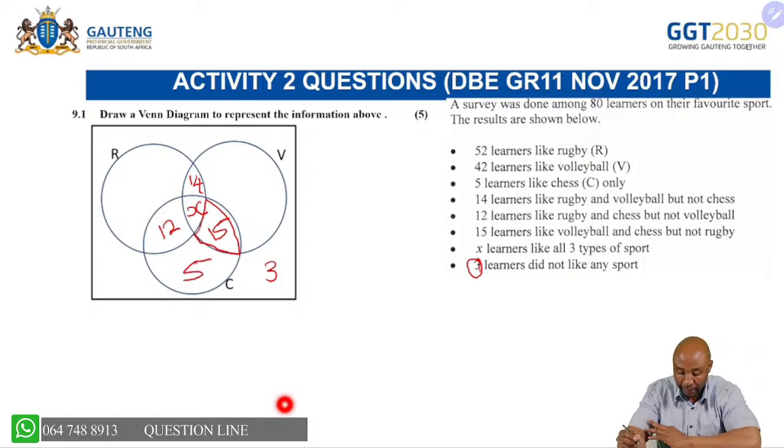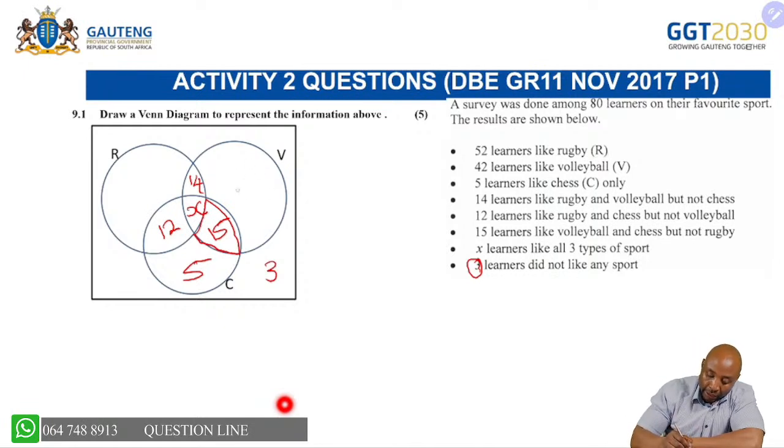Chess only. And then 42 learners like volleyball. So if I add everything here, it must give me 42. So to get those that like volleyball only, it will be 42 minus 15 minus 14, minus these X who are doing all 3.